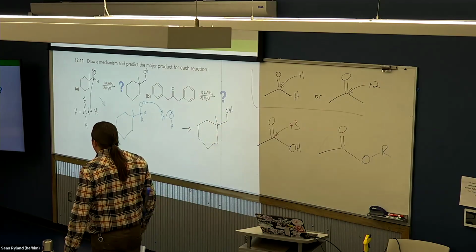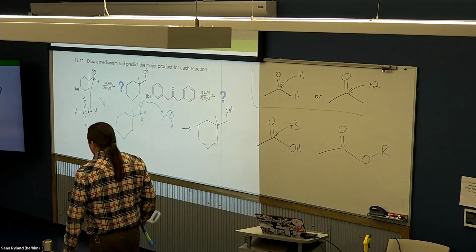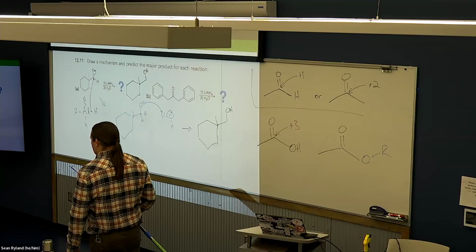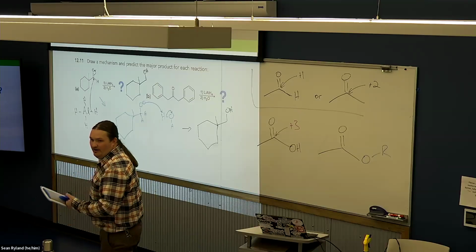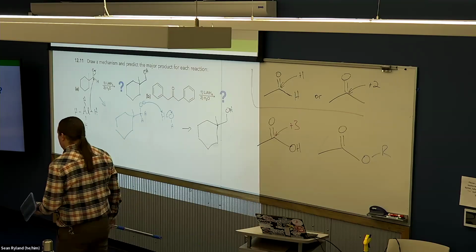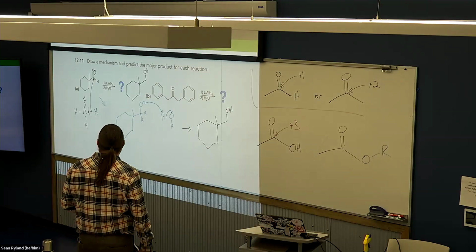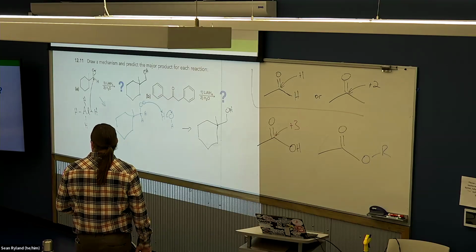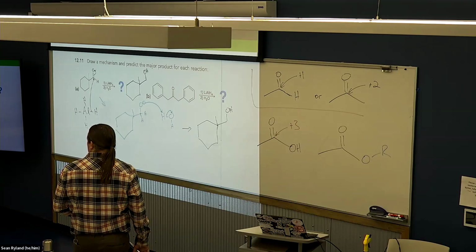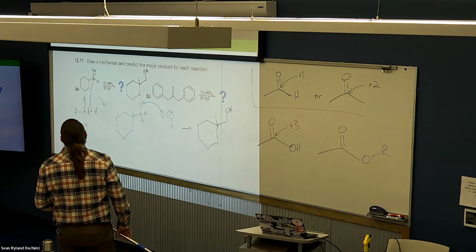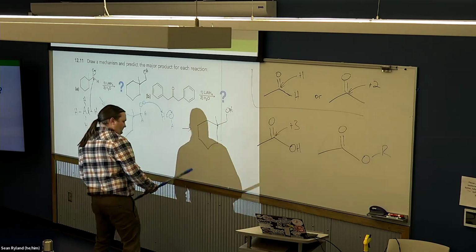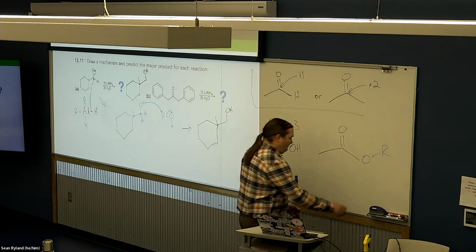Is this one where we have to worry about any rearrangement happening? Could this rearrange? It could, because of the oxygen. So what would that look like if we saw that?